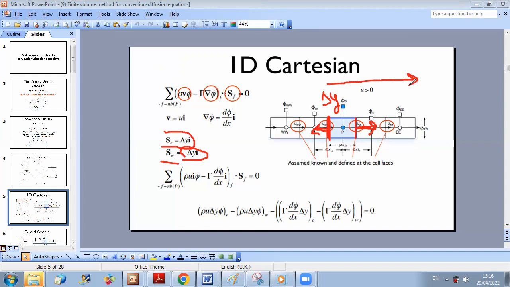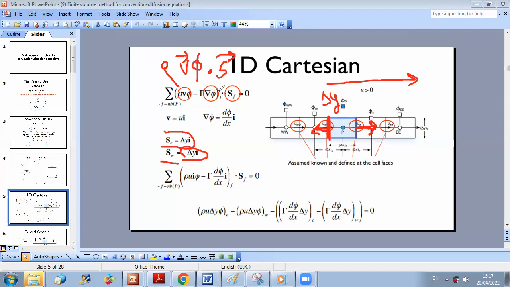So whenever you do rho v phi dot S, you will get your flux. If it's positive, this means it's a flux coming out of your domain. If it's negative, this means that the flux is coming inside. The same for diffusion, as we have seen in the previous chapter.